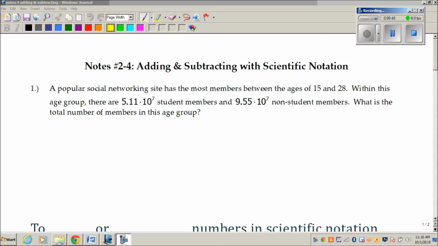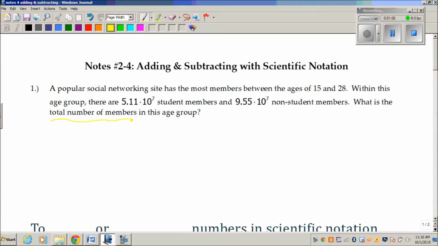Okay, so I see that this problem has to do with students and non-student members, and I'm looking for the total number. It's a very large number of student members and another large number of non-student members, and I want to know what the total number of members is.